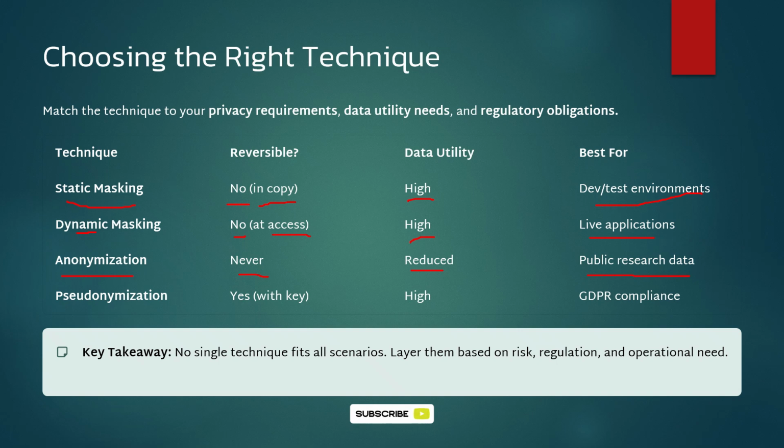Last is pseudonymization, that is reversible, yes, with a key. The data utility is high and this is used for GDPR compliance. So there is no single technique that fits all scenarios, but these are layered, and as per the regulation, risk and operational need, the organization does masking, anonymization or pseudonymization.